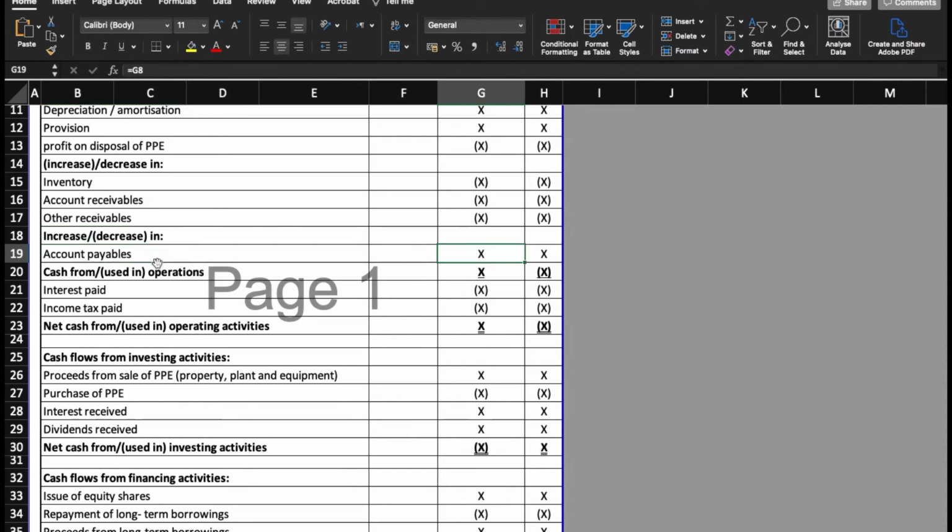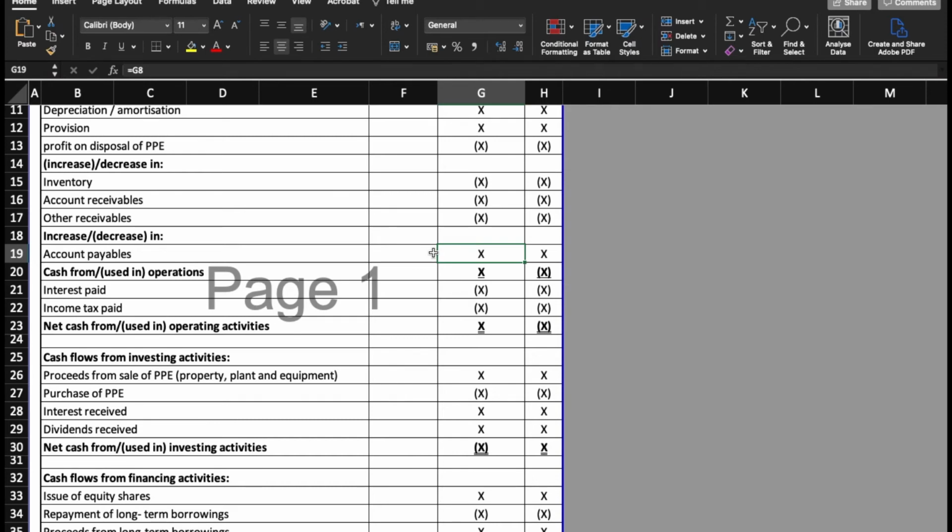You need to go to the financial position. From the financial position, current year figures minus last year or previous year figures will give you the amount. If it is an increase, you need to add. If it is a decrease, you need to deduct that amount.